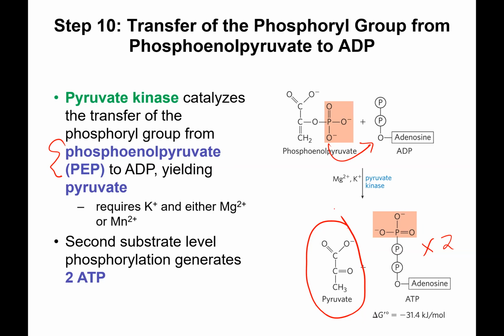G3P becomes 1,3-bisphosphoglycerate, right? 1,3-BPG, am I correct? Okay. 1,3-BPG, what do we do? We move the phosphate, right? From carbon 3 to carbon 2. That is called, somebody help me out because I'm not sure.